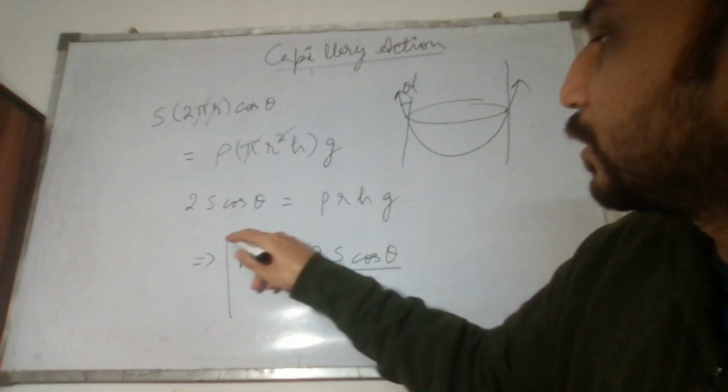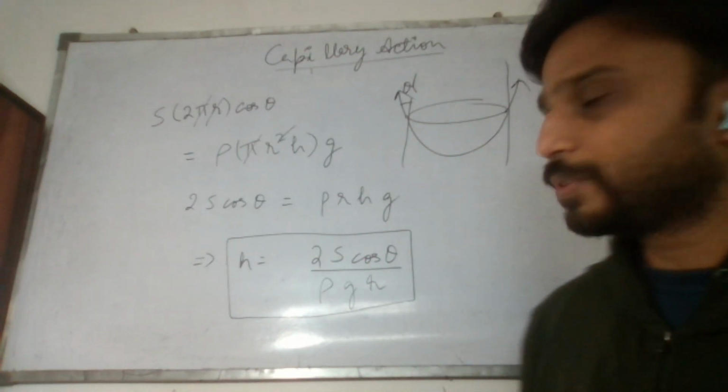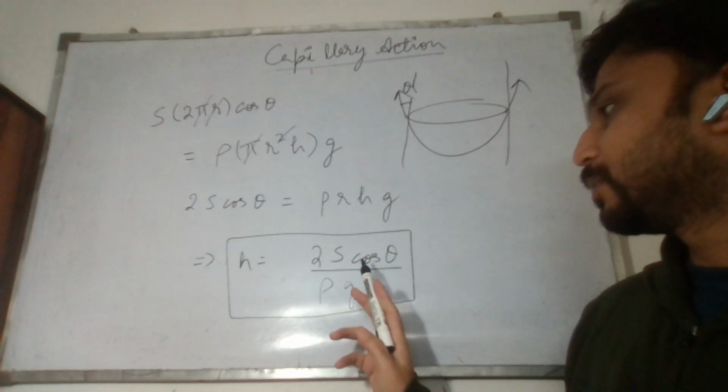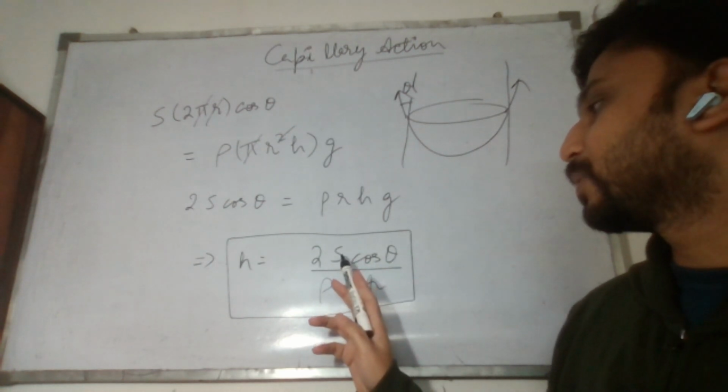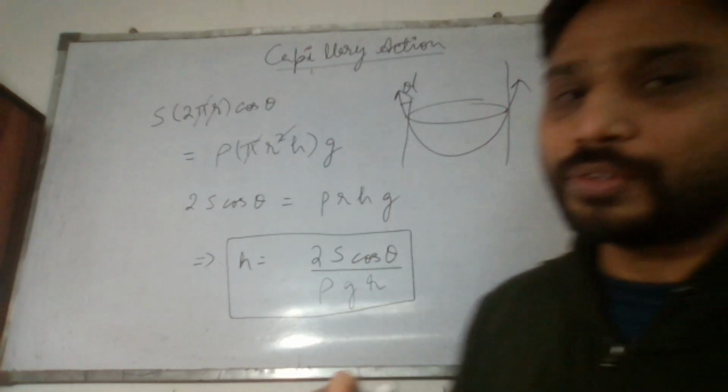So this is the height to which the fluid will rise inside a capillary if its radius is r, angle of contact is theta, and surface tension of the fluid is S. Rho is the density of the fluid.